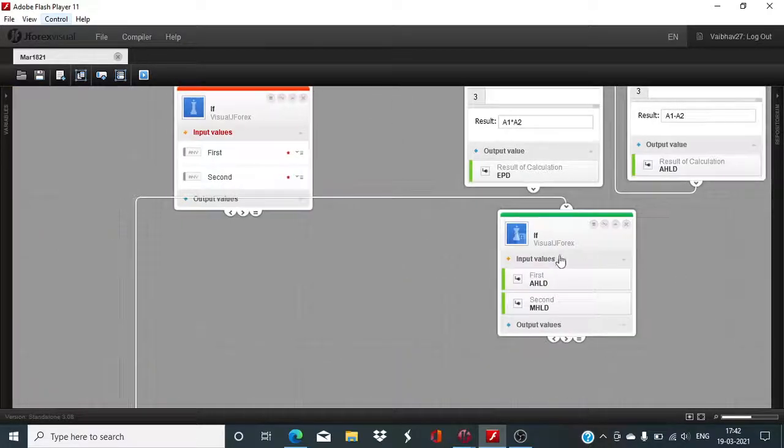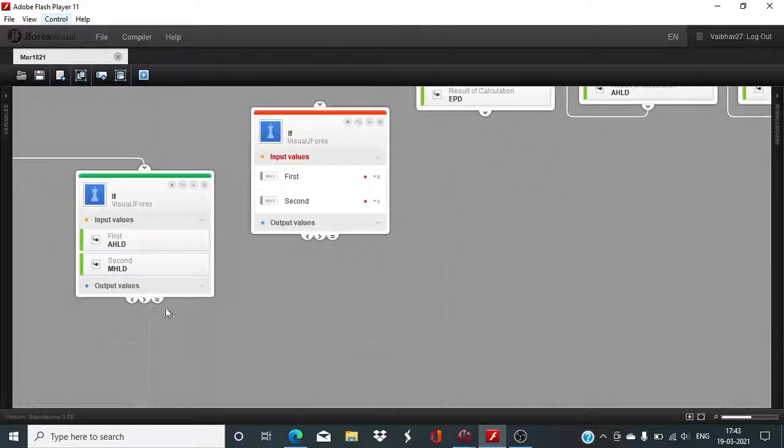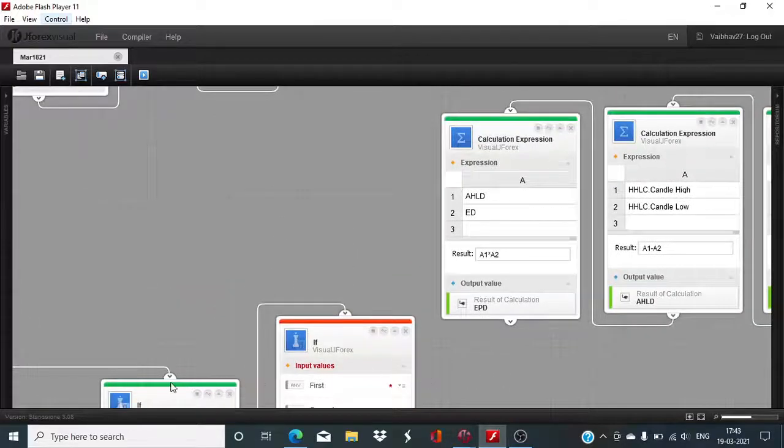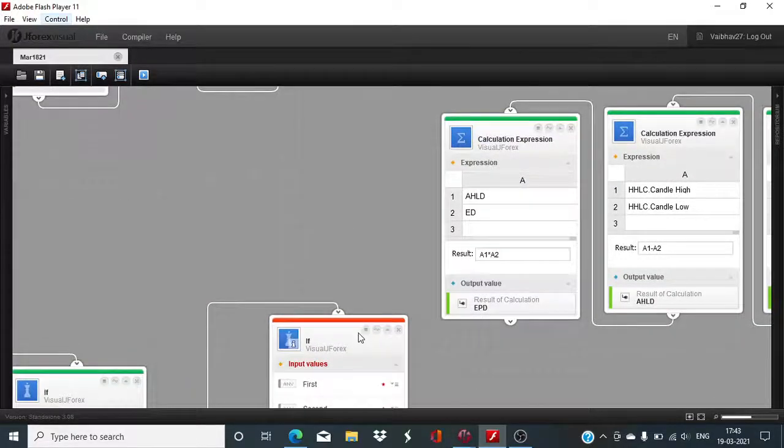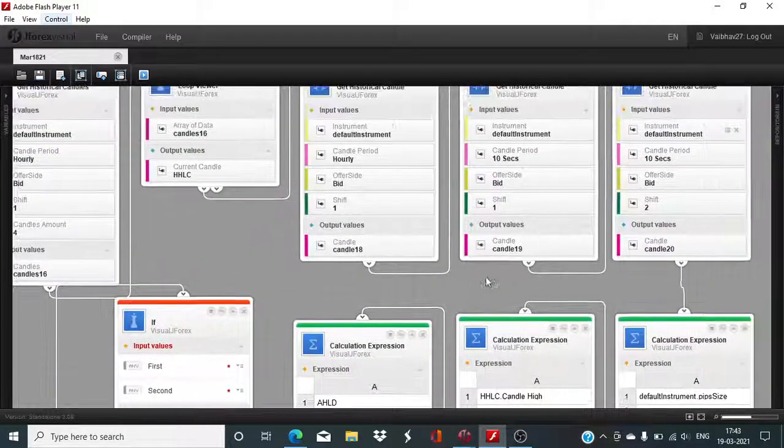So we need first input greater than second, and we also want the last hourly candle close to be above the candle open.